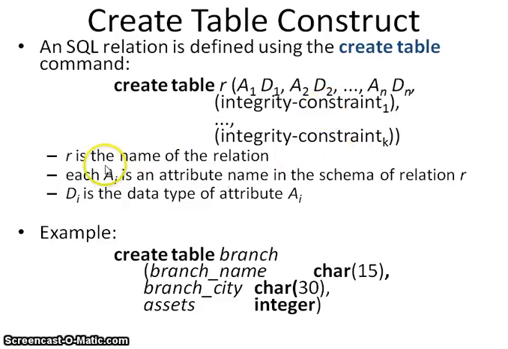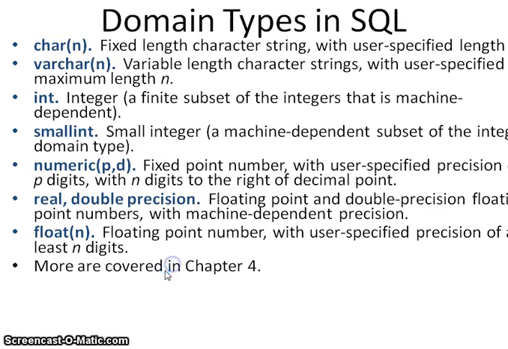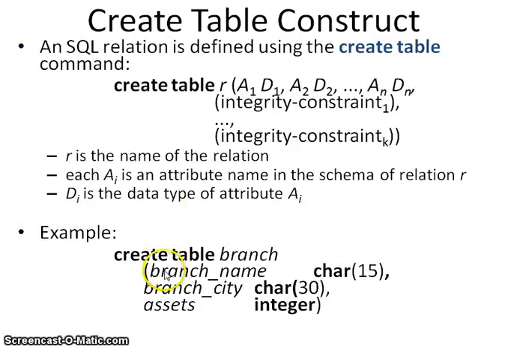As I explained, R is the name of the relation. Ai is an attribute name in the schema of relation R, and Di is the data type of attribute Ai, that is, for A1, D1 is the data type. We can see an example here, create table. The name of the relation here is branch.